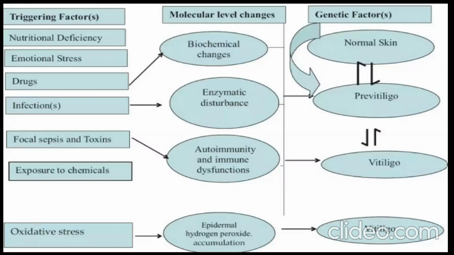These drugs cause biochemical changes. Infections cause enzymatic disturbances. Focal sepsis and toxins cause autoimmunity and immune dysfunctions. And oxidative stress causes epidermal hydrogen peroxide accumulation.